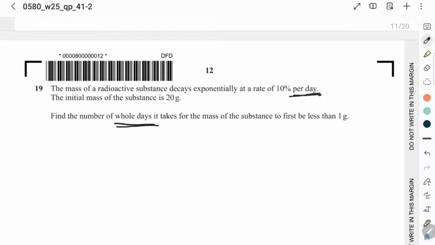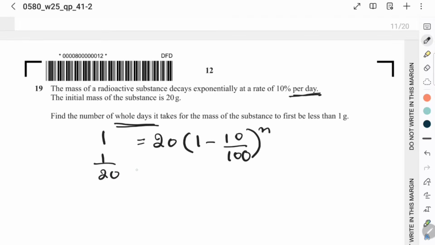It's an exponential decay question, so we have to find when it is less than 1 gram. So 20 times (1 minus 10 upon 100) to the power of the number of days, 20 times (1 minus 0.1) to the power n, is less than 1.